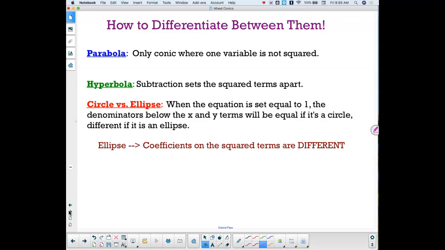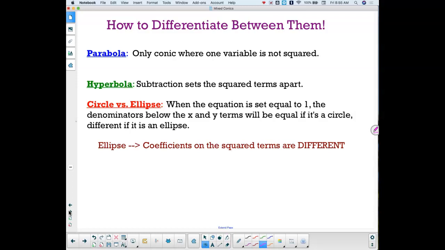First, you look and see if it's a parabola. If there's only one squared term, that's a parabola. If there's 2 squared terms, then you look and see if there's a subtraction sign between them. If there is, it's a hyperbola. If there isn't, you look at the coefficients. If they're the same, circle, different, ellipse. Okay? It's a 3-check process.